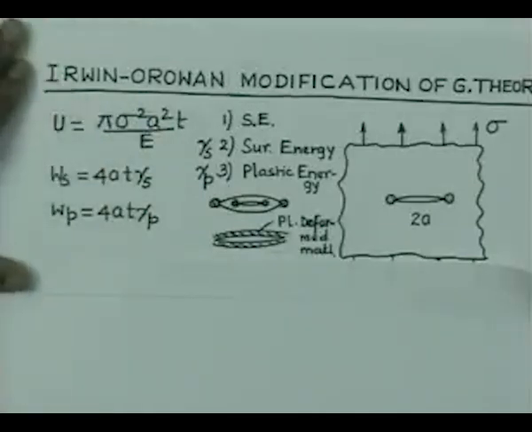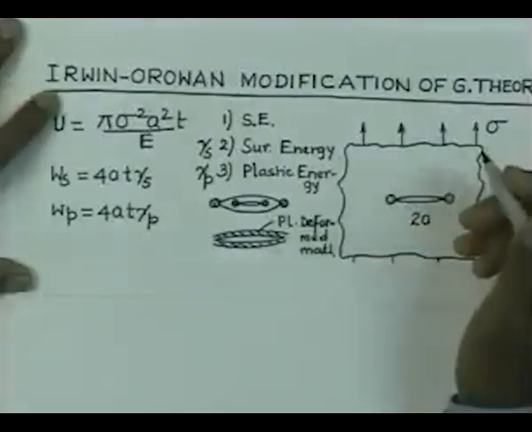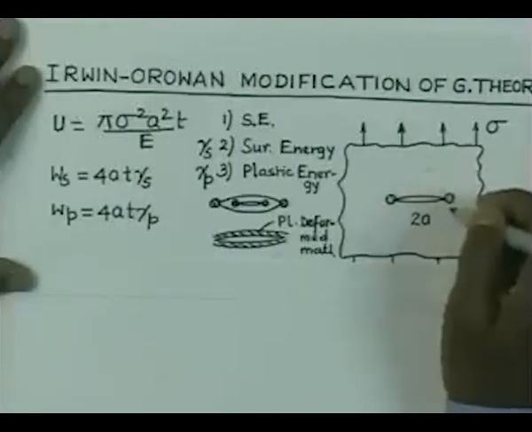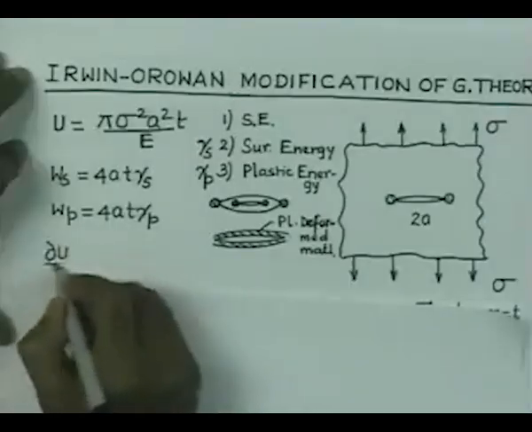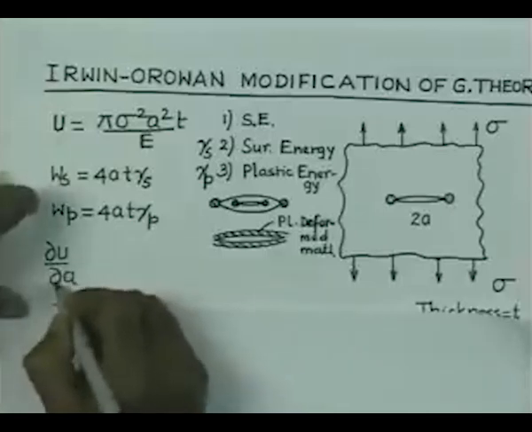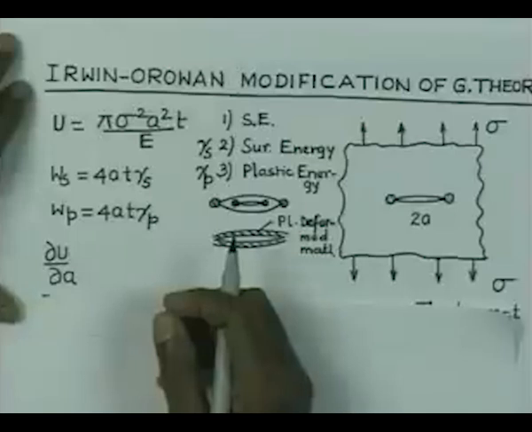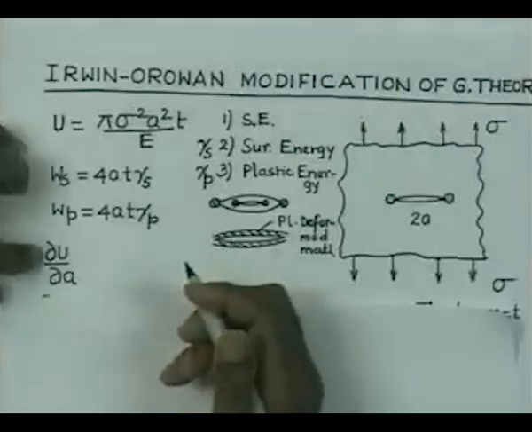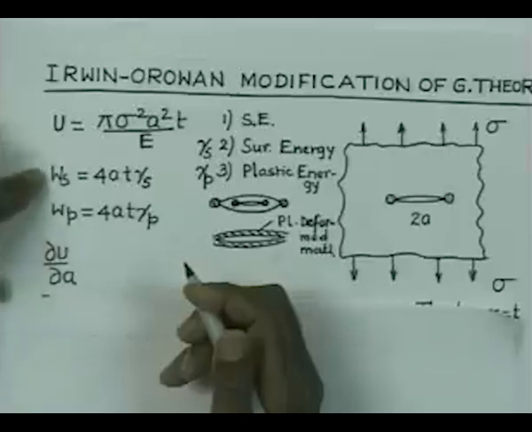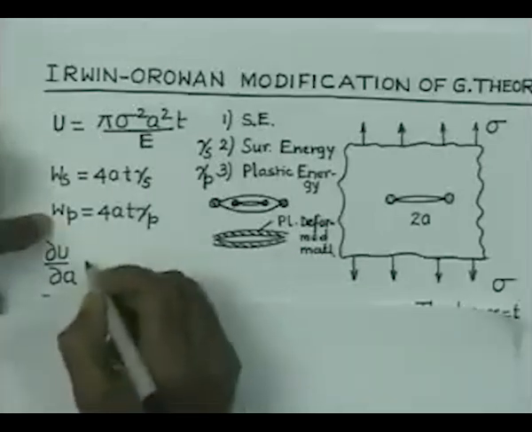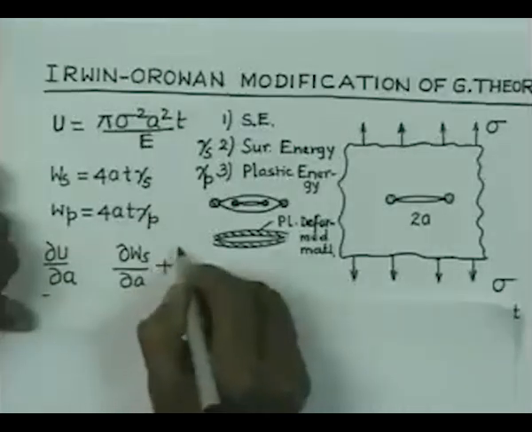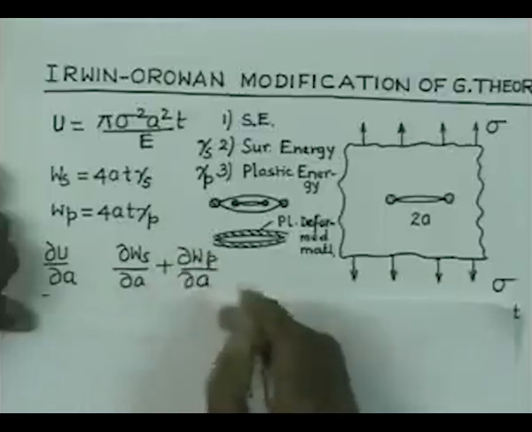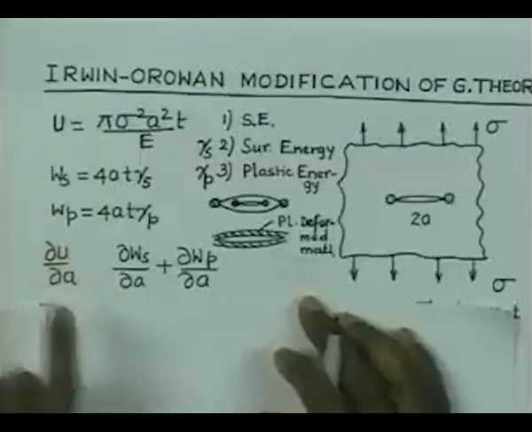So, if the energy is to be balanced during the propagation of the crack, we have some energy available at a particular rate for the supply of the surface energy and plastic energy, and therefore, the energy availability is given by delta U delta A. So, delta U delta A is the rate of energy available for the creation of surfaces, and it is going to be supplying the energy absorption rate which is due to delta W S delta A and delta W P delta A. So, that energy is going to be absorbed as delta W S delta A plus delta W P delta A. So, this is the source of energies, and this is the sink.